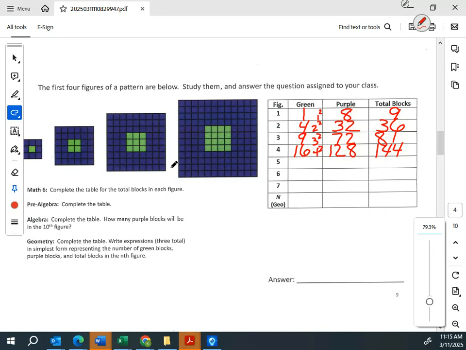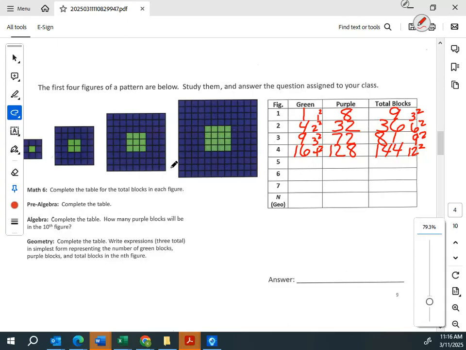Purple doesn't have perfect squares, but let's look at the total blocks. What's 9? What's 36? What's 81? What's 144? There is a rule for finding the purple, if you really try to find that rule.